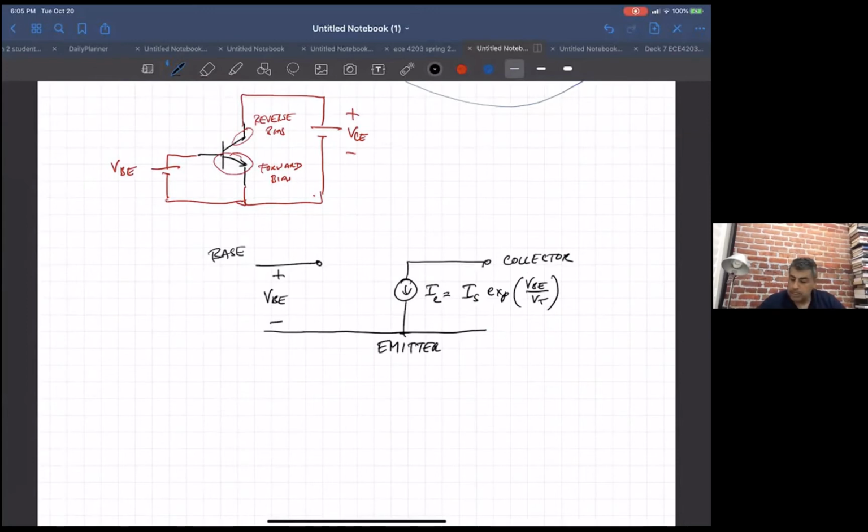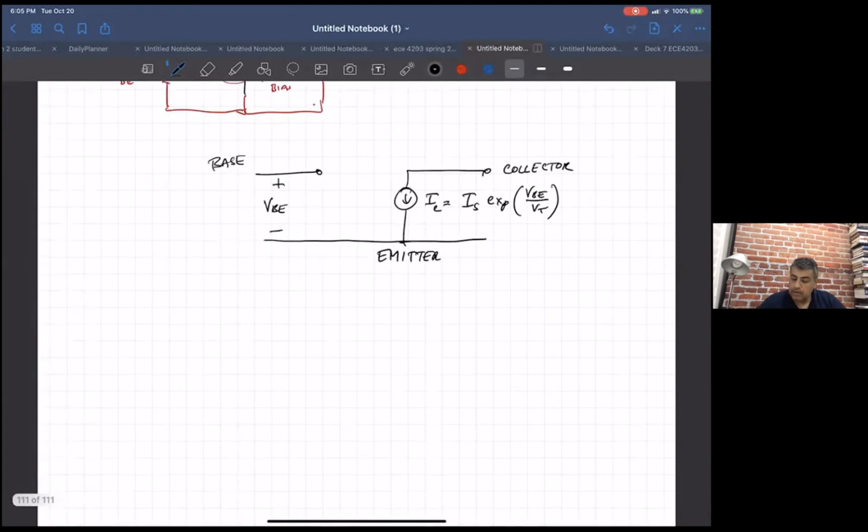So basically you get a voltage controlled current source that's got an exponential relationship between the input and the output.